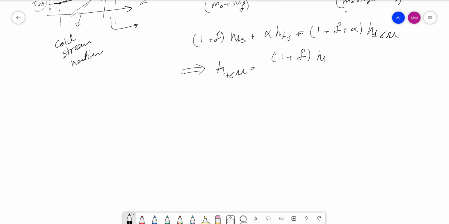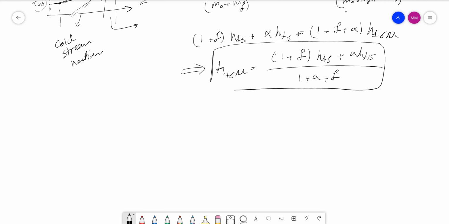ht6m equals (1 plus f) ht5 plus alpha ht15, divided by 1 plus alpha plus f. Okay, so we have an equation for the enthalpy, for the energy situation, at ht6m.